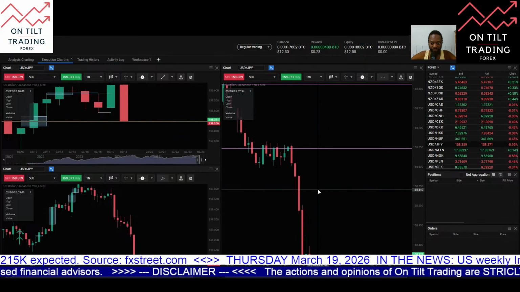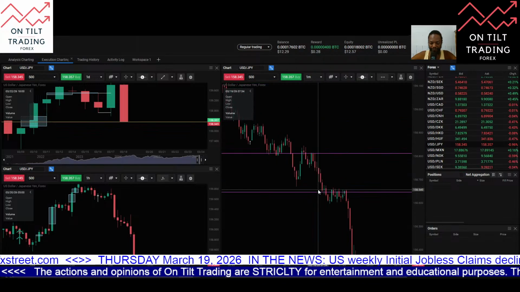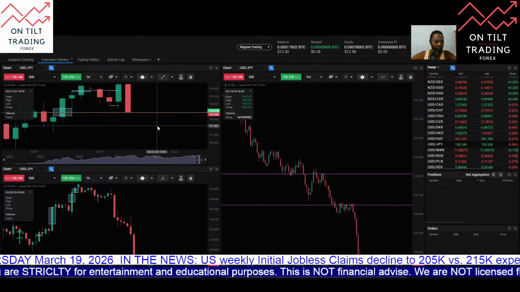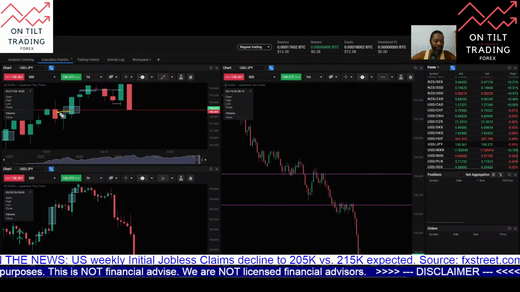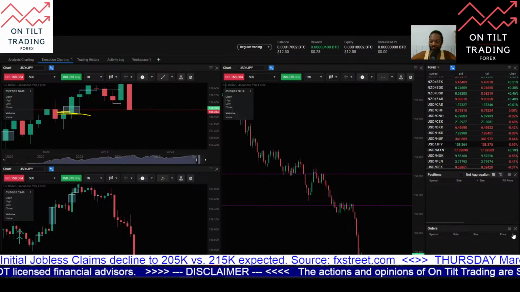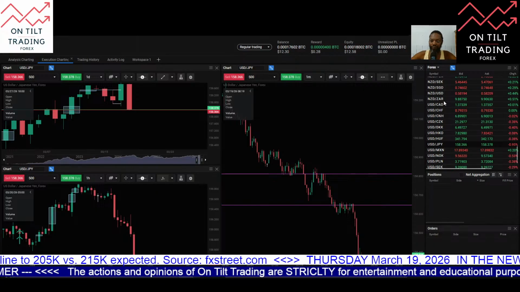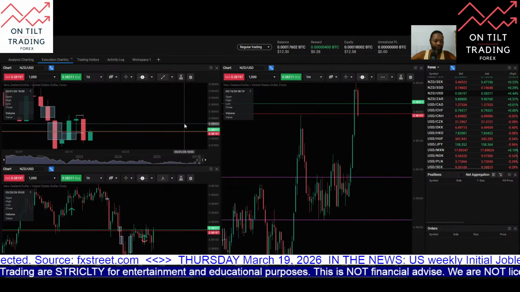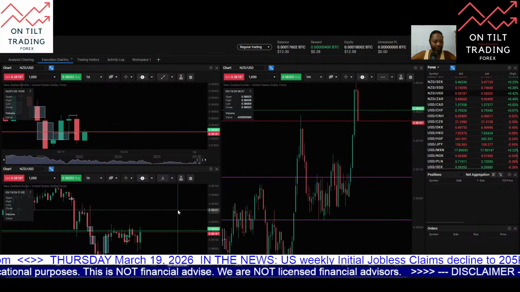Looks like dollar yen has a little more room to the sell side. There it goes. It may be trading for this rebalance point here. Seeing a potential return to sell side here in Kiwi dollar.